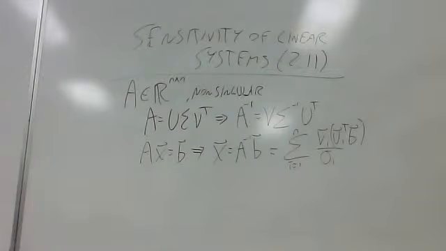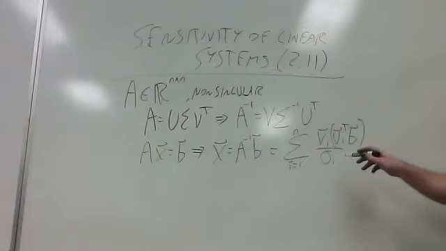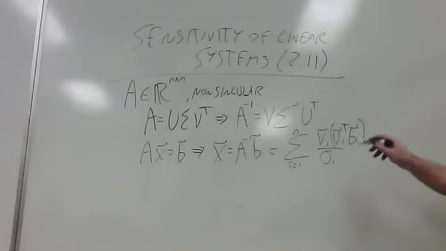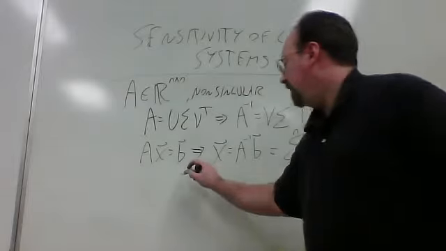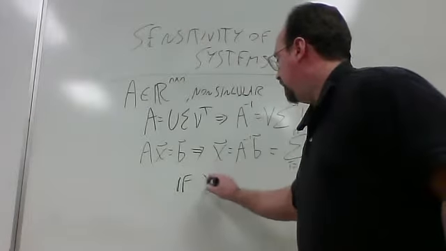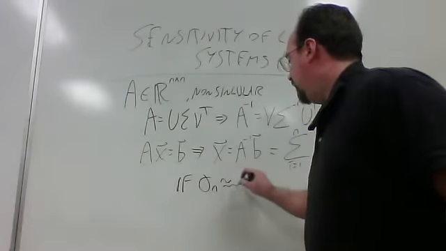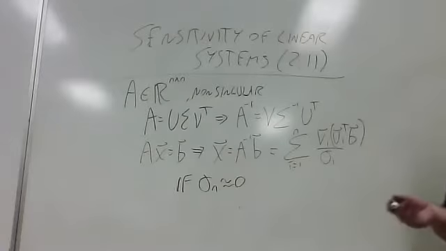Now, let's suppose that sigma n is small. Sigma n is a small singular value. It has to be positive in this case, but it could be really tiny.